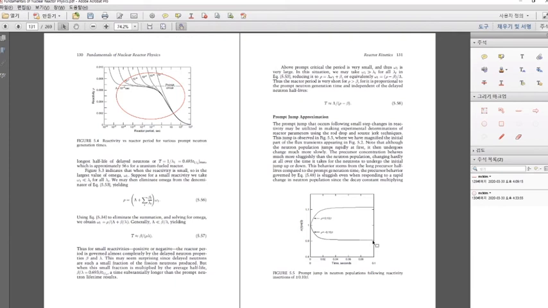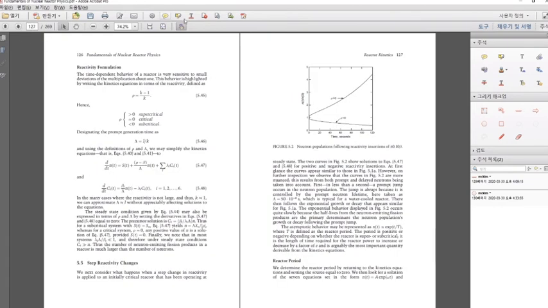After this prompt jump, it follows the exponential decay, as we can see in figure 5.2, page 127. So in this case, after a 10% decrease in a very short time, called the prompt jump, exponential decay follows when we insert minus 0.1 beta.